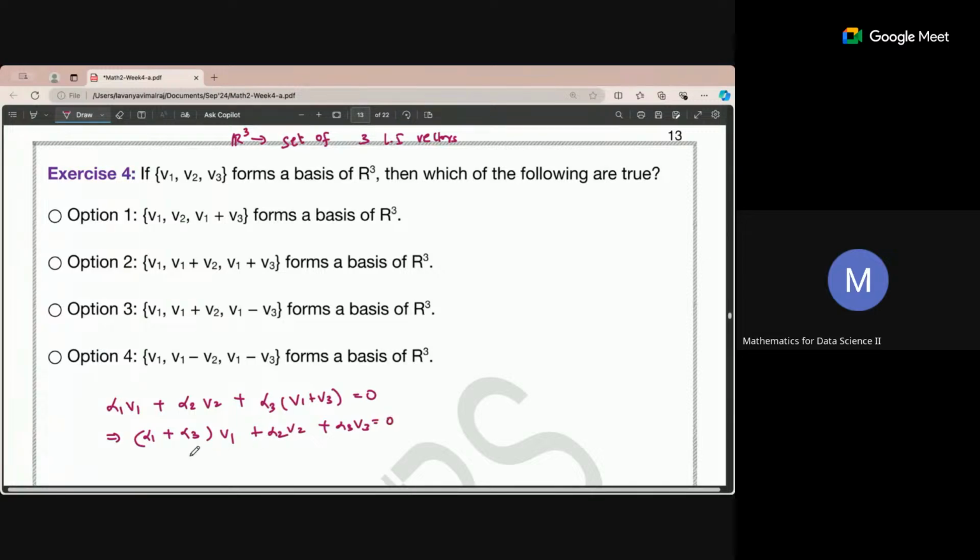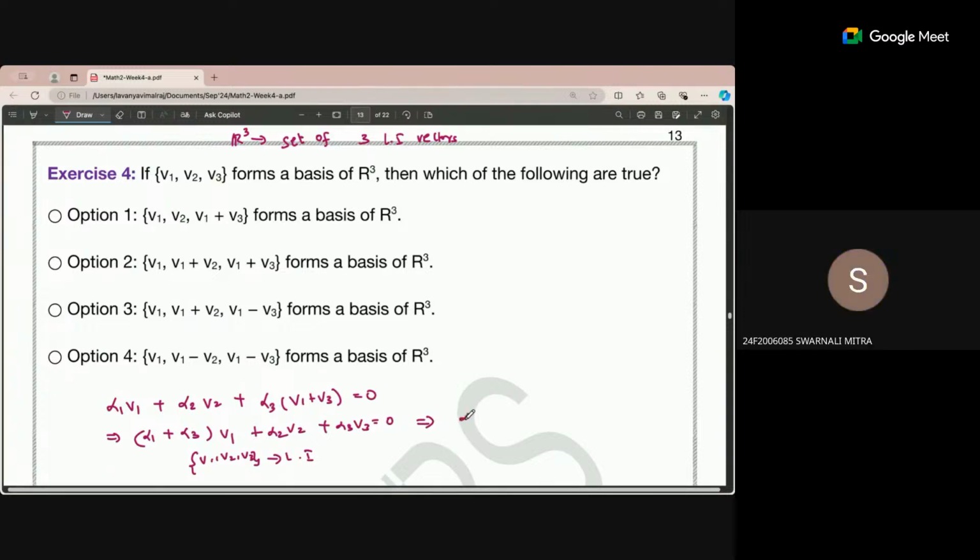Now you see that V1, V2, V3 is a linearly independent set, right? That is given to you. Now you have a linear combination of V1, V2, V3 equated to 0. What does that imply?